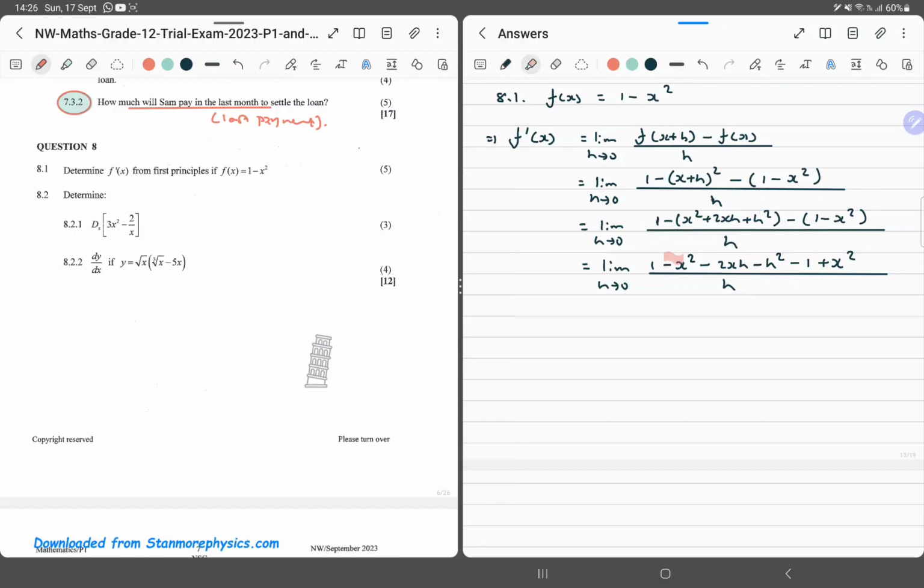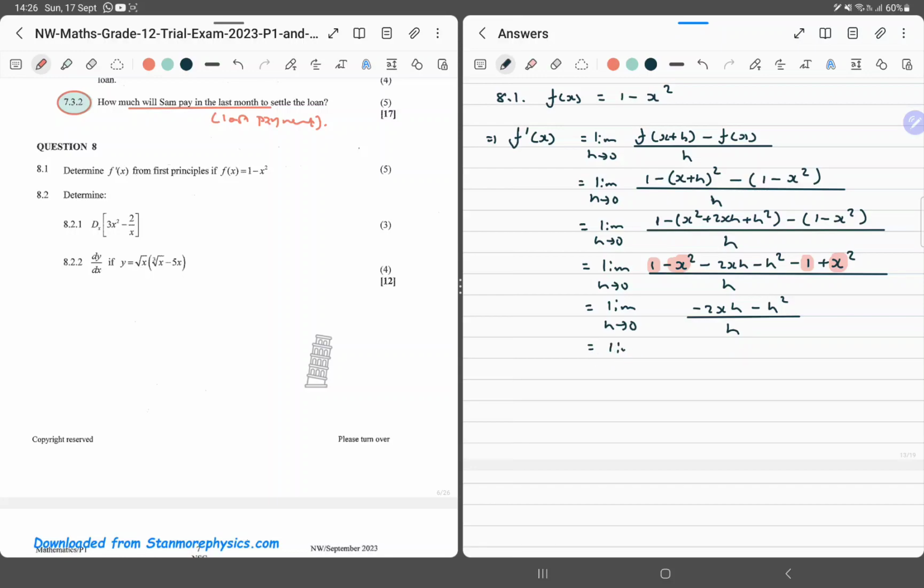Now we've got like terms that will take care of each other. If this doesn't happen, just know you didn't do something right. Okay, those guys take care of each other. So we get the limit as h tends to 0 of minus 2xh minus h squared all over h.